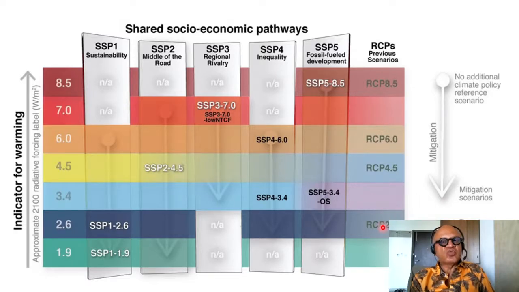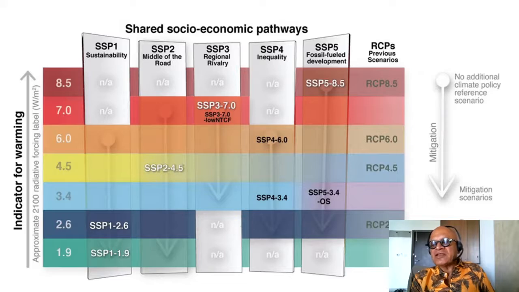Remember that RCP 2.6 to 8.5 are the net radiative forcing resulting from those simulation scenarios, those future scenarios that were assumed in CMIP5, and CMIP6 has gone into these more sophisticated SSP1-2.6, SSP1-2.6, and so on and so forth.